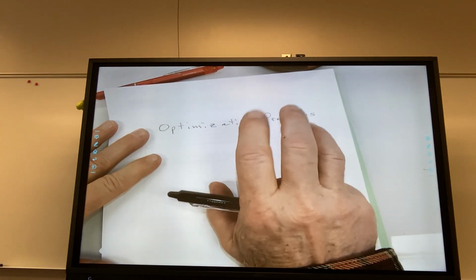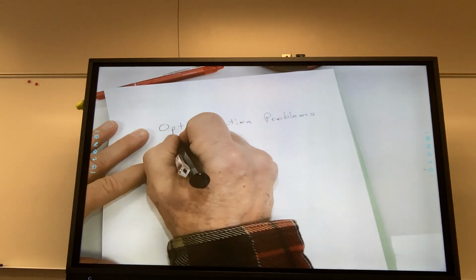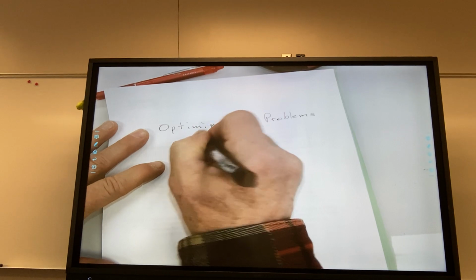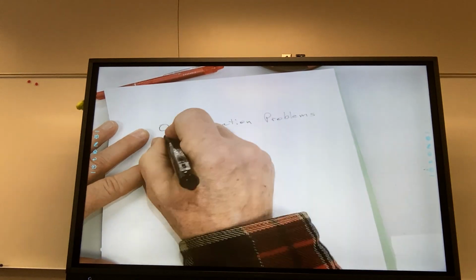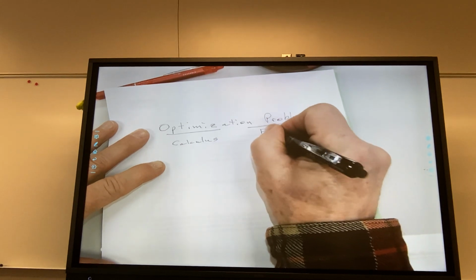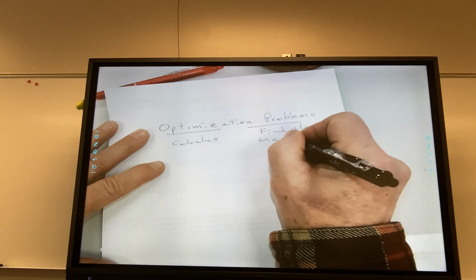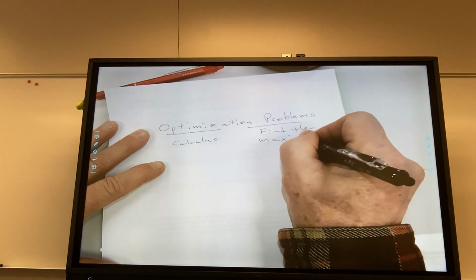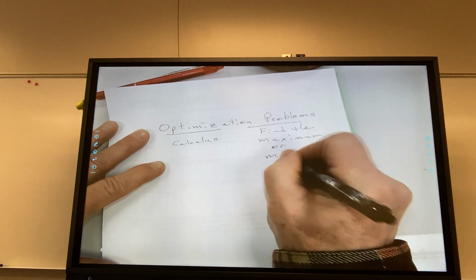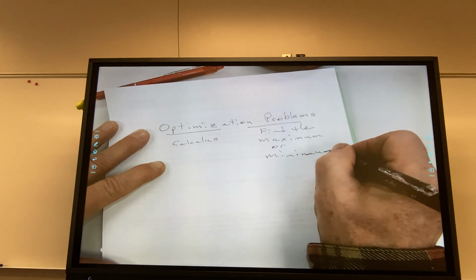We're going to do these in two parts. You already know the calculus. What optimization problems are, you're trying to find the maximum or minimum in a problem.